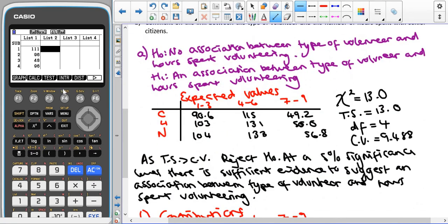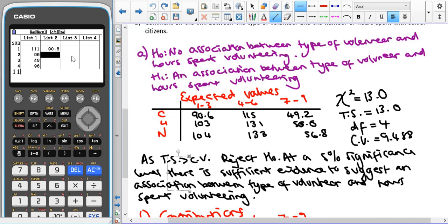Again, going across. There we go. 90.6, 115, 49.2, 103, 131, 56, 104, 133, 56.8.